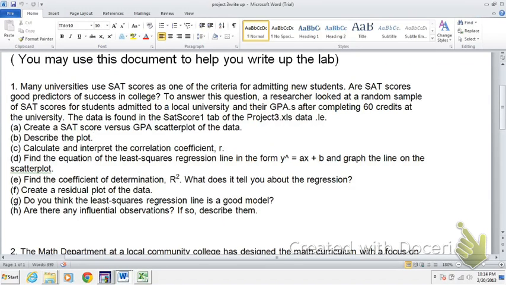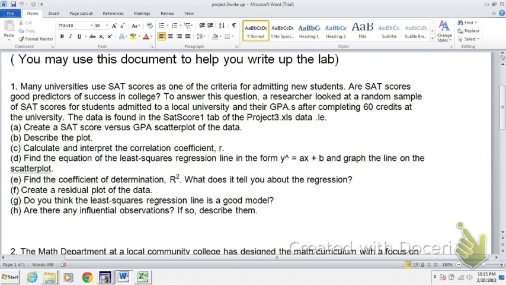Oh, I did want to say for part H, it says, are there any influential observations? If so, describe them. So influential observations would be observations that would drastically affect the value of your regression line. That if you took them out, would shift your regression line significantly.